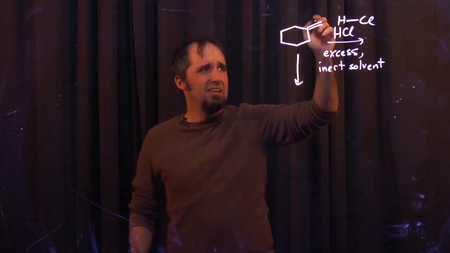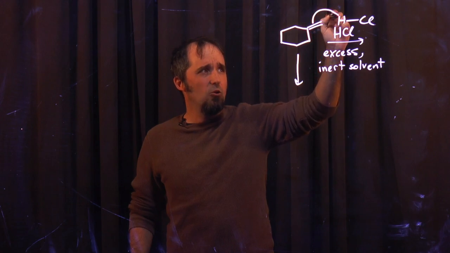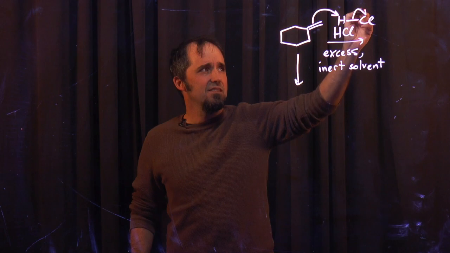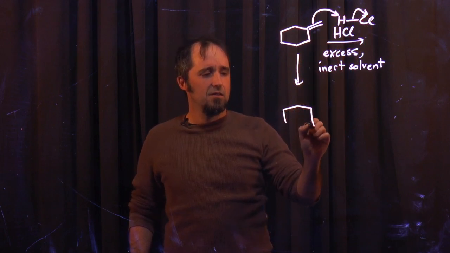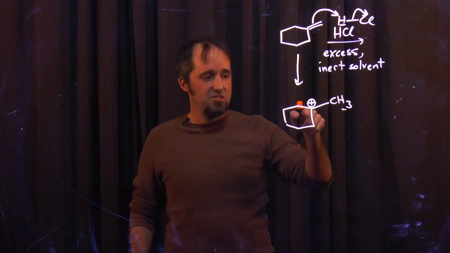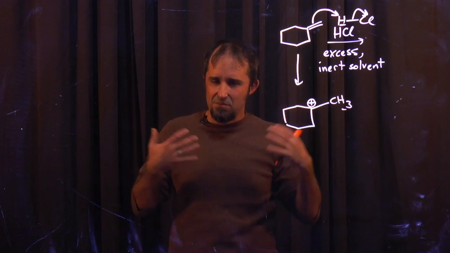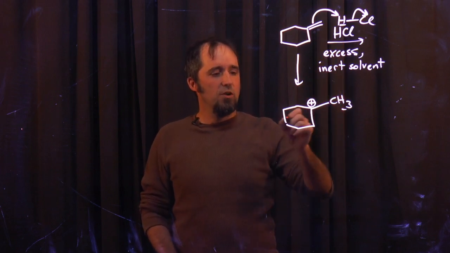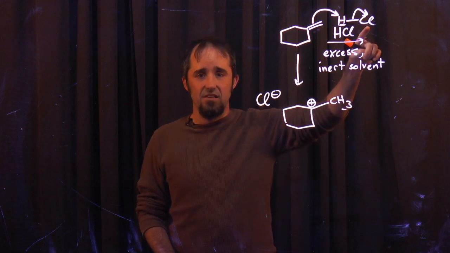And so that's the arrow I'm going to draw. Arrow starting at the pi orbital, going to hydrogen, breaking the bond to chlorine. My intermediate, I've got this cation. It's a tertiary carbocation. It's pretty stable, right? Remember, the more substituted, the more stable. And that's going to react with the chloride up here, the Cl- I just made.